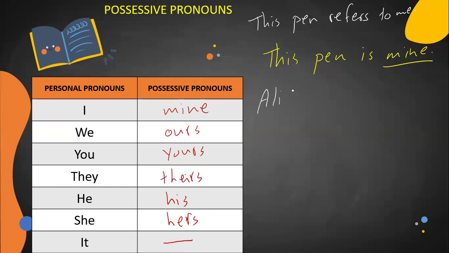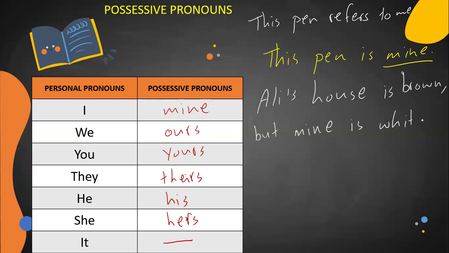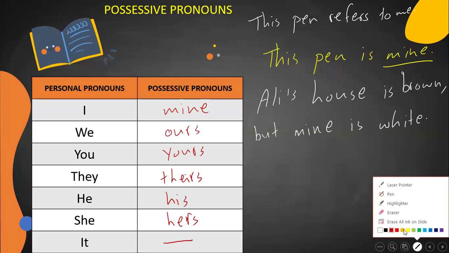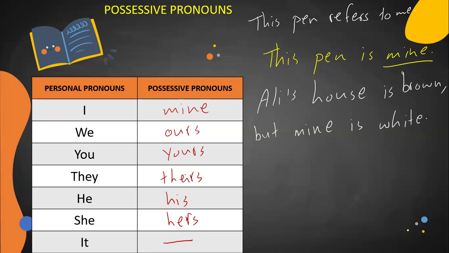Ali's house is brown, but mine is white. Okay, now I used mine here instead of using my house.